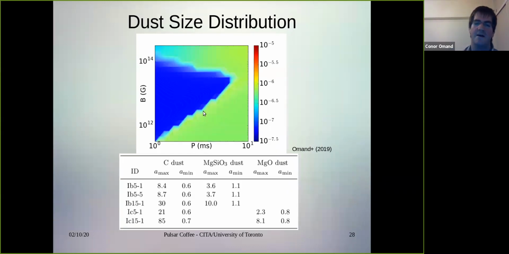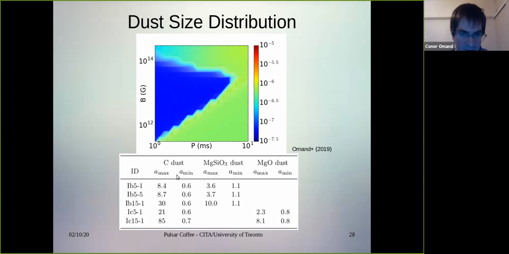Dust size is decreased by pulsars even in this kind of fast formation timescale because the ejecta is not very dense when it's being accelerated so quickly. And you can see that this looks like it's all the same size, and this is because this is the minimum size that our model can look at.